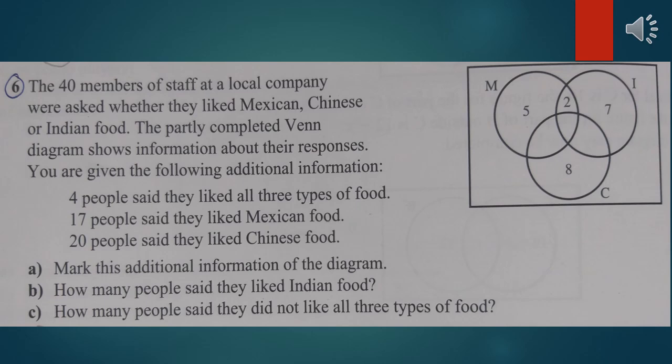Part A. Mark this additional information on the diagram. Part B. How many people said they liked Indian food? Part C. How many people said they did not like any of the three types of food, that is outside the combinations?